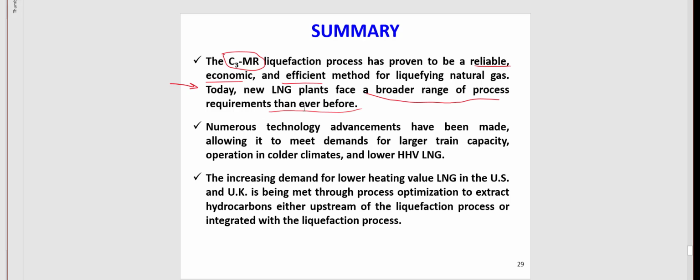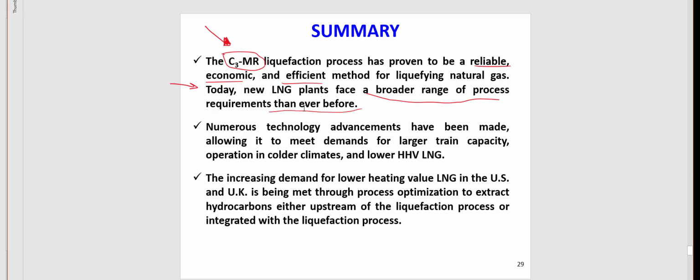The governments put a lot of restrictions, environmental conditions, to protect the environment. Those all affect the design of new plants. But using such a unit like propane and mixed refrigeration liquefaction unit, it can still provide us all the requirements that we have from the customers or different agencies.